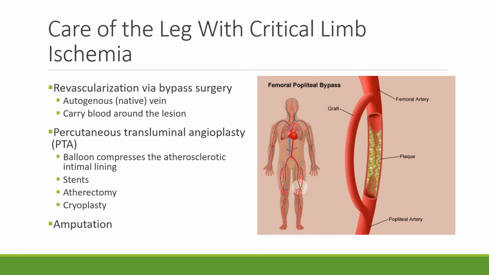Bypass surgery allows for the native vein to carry blood around the lesion, which is demonstrated here, how the graft will then carry blood around the lesion or plaque obstructed area.